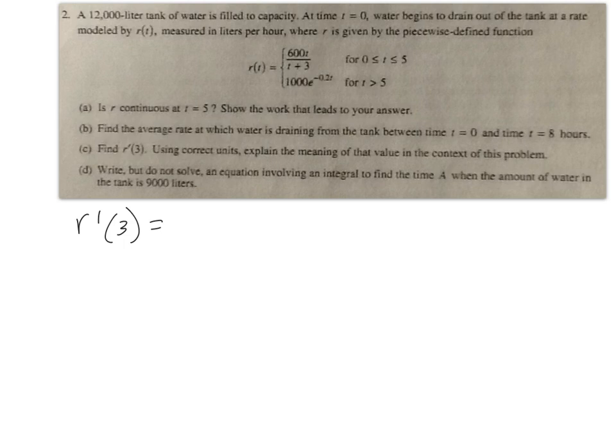And that gives me 50.000. So that is 1 point for having that answer. Then we're supposed to explain the meaning for another point. The rate at which the water is draining out of the tank at time t equals 3 hours is increasing at 50 liters per hour squared.